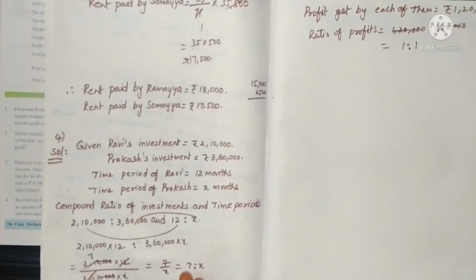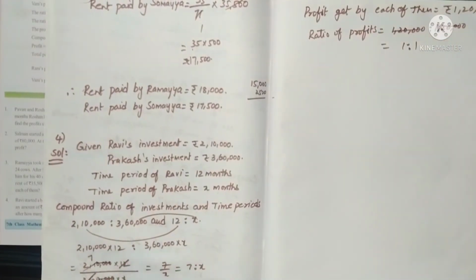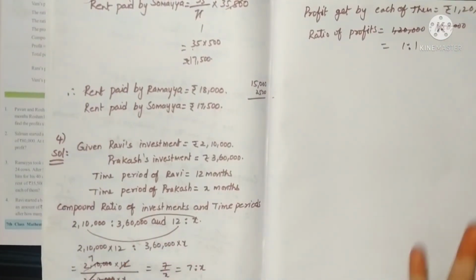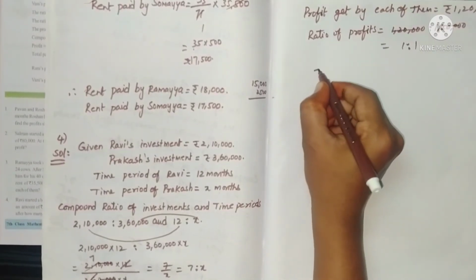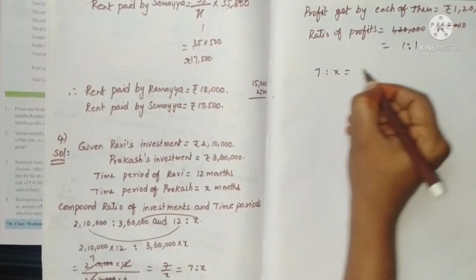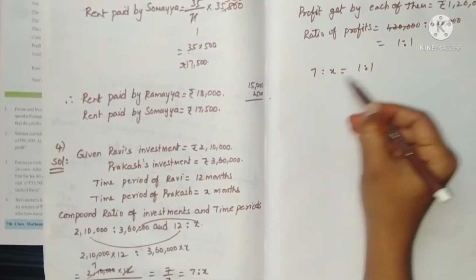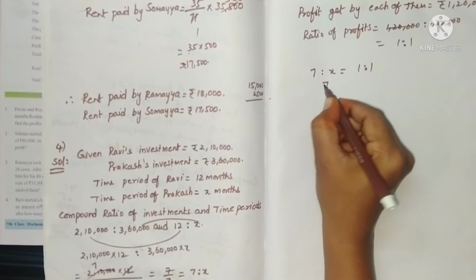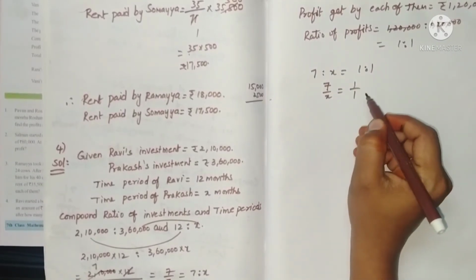Now the compound ratio and this profit ratio must be equal. Profit ne manam compound ratio lo equal cheyali, distribute cheyali kada. So here 7 is to X is equals to 1 is to 1. Proportion, product of extremes, product of means aina tiyochu. Otherwise 7 by X is equals to 1 by 1. Okay.